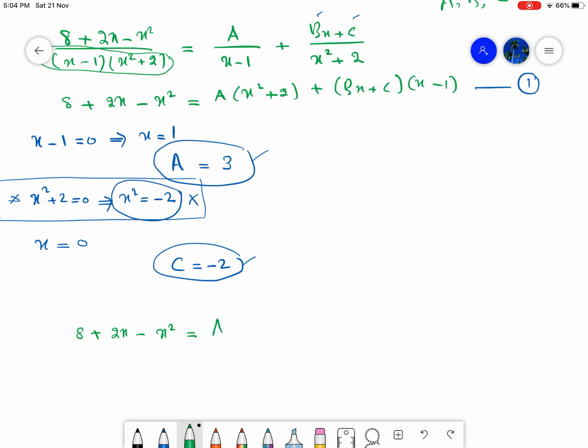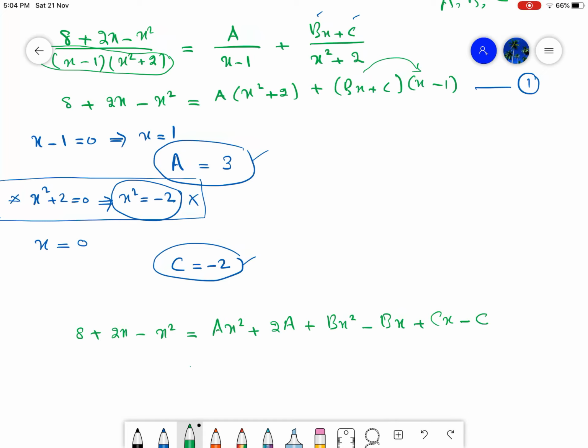A into x square is ax square, a into 2 is 2a, and now multiply out these brackets. bx into x is bx square, minus bx, plus cx, and minus c into -1 is minus c.